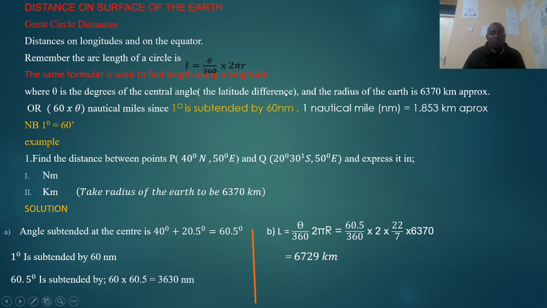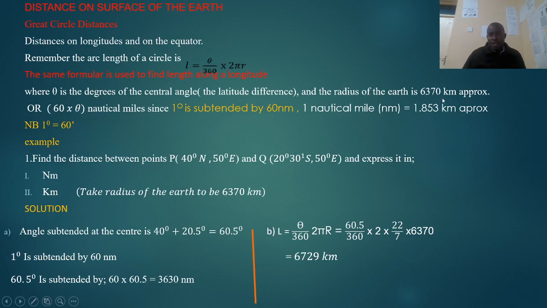Remember, if you are talking about longitude, theta becomes the latitude difference, because the longitude will always be the same. The radius of the earth is usually given as approximately 6370 kilometers, unless given otherwise. In our formula, we shall substitute capital R to calculate distance along the longitudes or along the great circles.